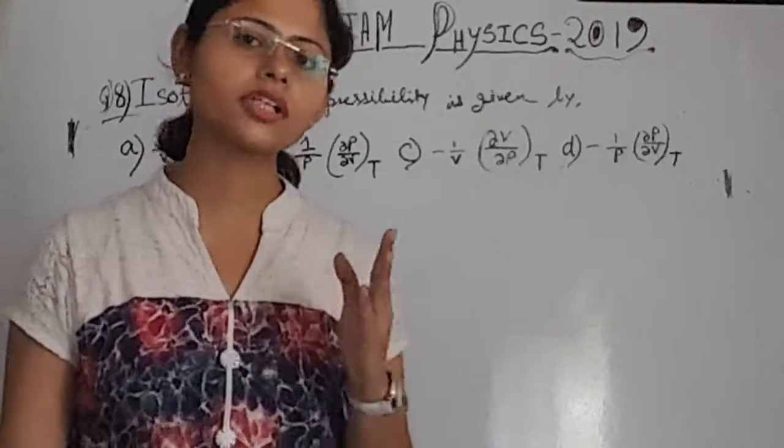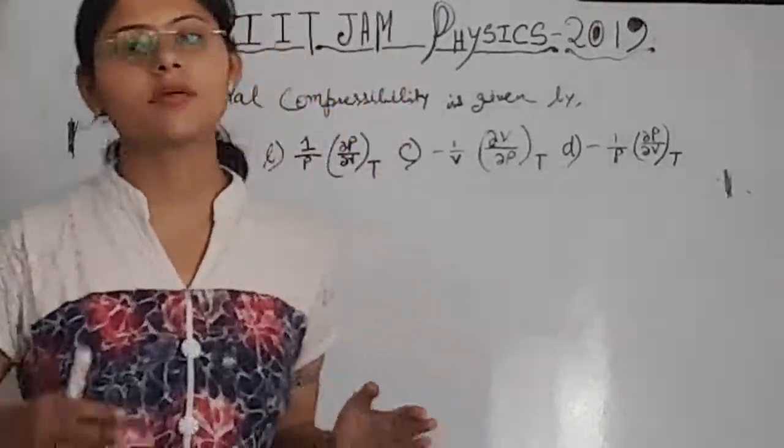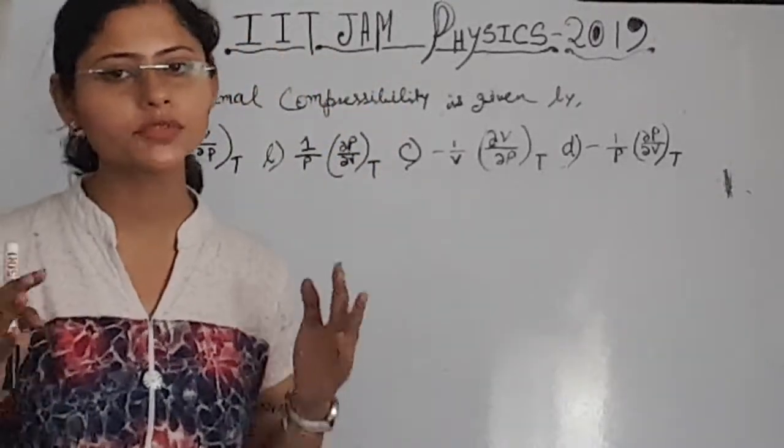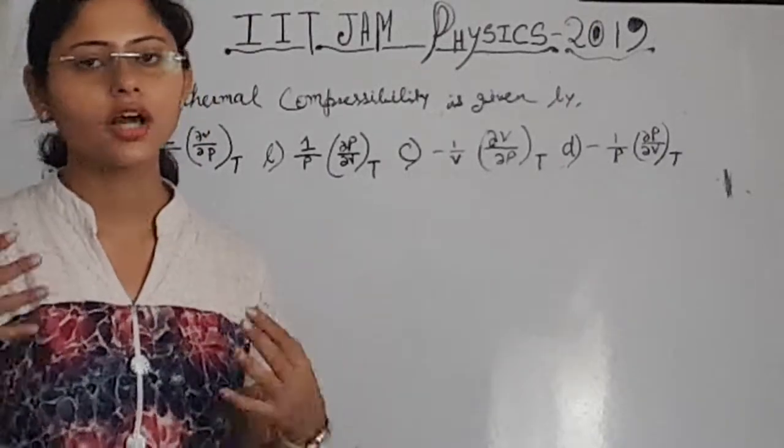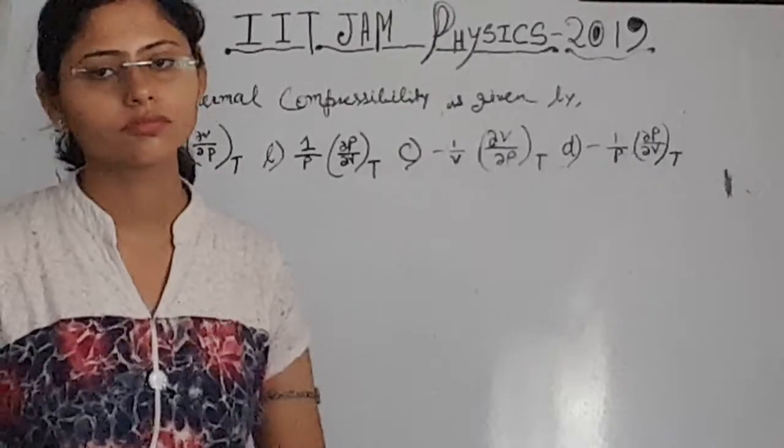The isothermal compressibility is a measure of relative volume change with pressure at constant temperature.